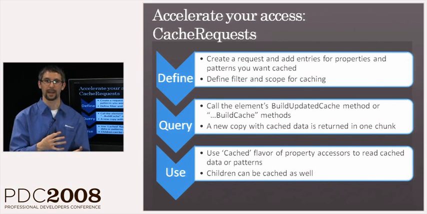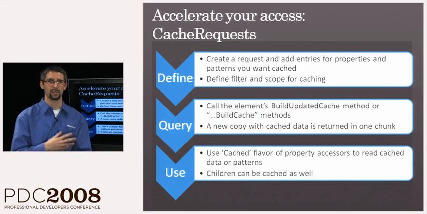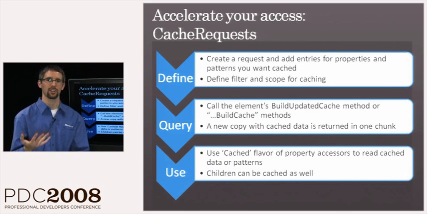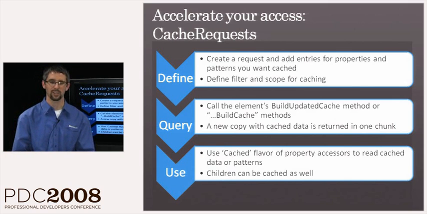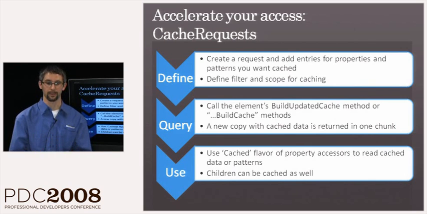Once you've got that object back, you access the properties in almost the same way, but you use the cached flavor of accessors. So get cached name, get cached control type, and so forth, to make sure that you are looking at the cache data. Children can be cached as well.